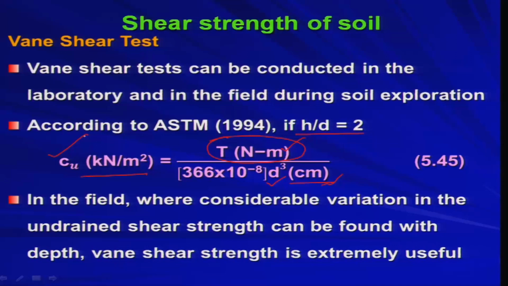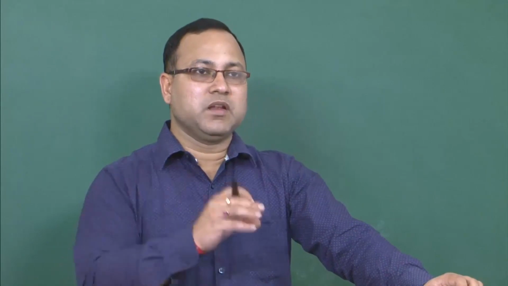Now, if you perform laboratory experiments at different depths and different locations, and the variation in undrained shear strength is significant, when it should not vary that much within a small area, then you must go for this field vane shear test to confirm that whatever you are getting from the laboratory and from the field are comparable.